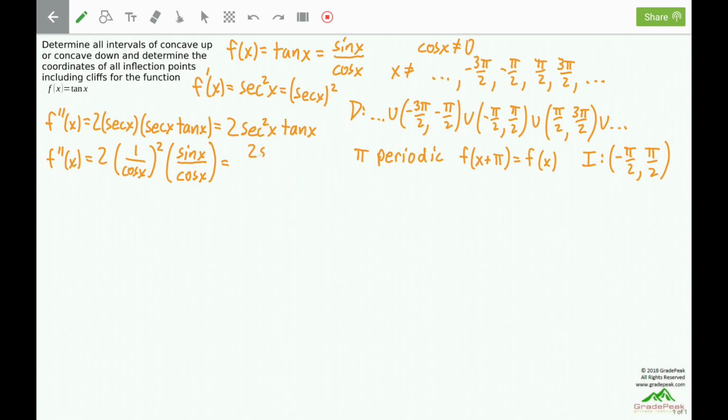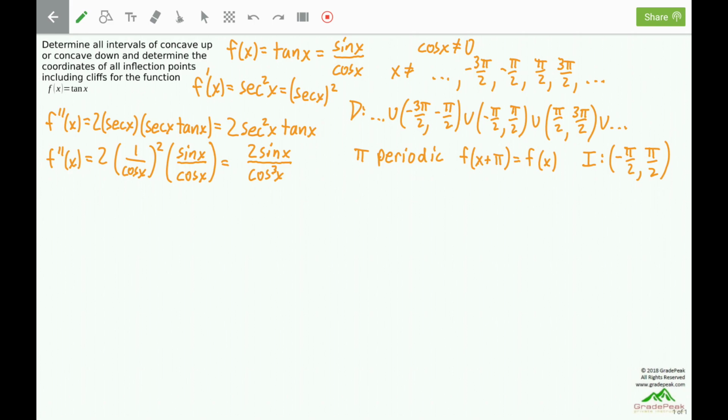Altogether we'll make 2 sine x. And we can multiply all the denominators. There's a cosine x squared, and then another cosine x. That will be cosine cubed x. So we have the second derivative written as a single fraction. All powers are positive.